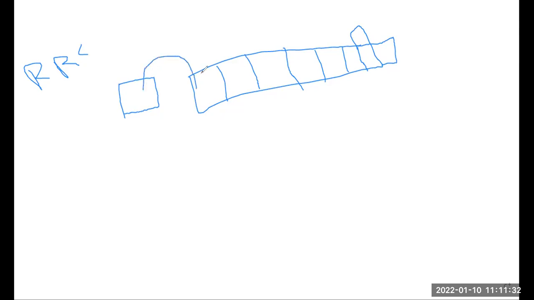So this will be moved here, this will be moved here, and so on. And finally this will move here again. Here also, we are not using the carry bit. The carry bit is kept vacant. So that is for rotate right without carry.